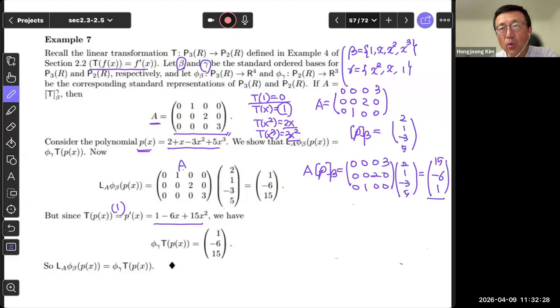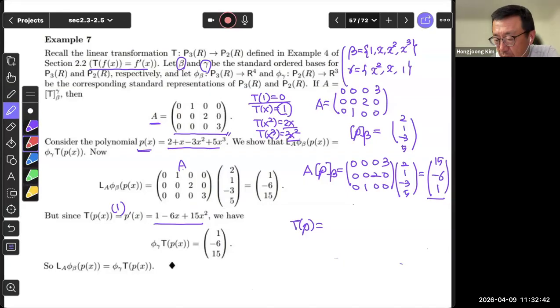So that is the coordinate of the image when gamma is used as the basis. So T of P must be a linear combination of x squared, x, and 1.